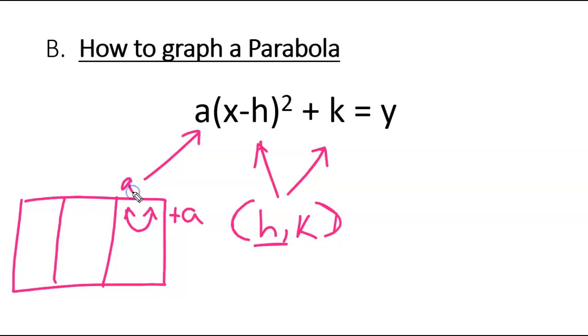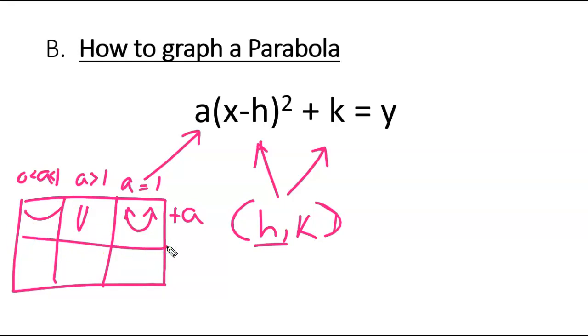That's if a is a positive 1. Now, what if a is a positive number, but it's bigger than 1? Well, that's a vertical stretch, and so it's going to make it look a little bit skinnier. And if a is between 0 and 1, like a fraction value, then it's going to be a vertical compression, so it will look wider.